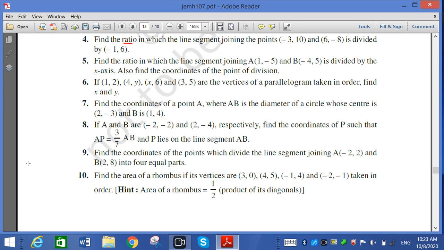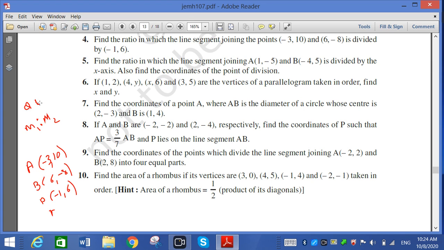Here I am writing A, that is minus 3 comma 10, B, that is 6 comma minus 8, and P, that is minus 1 comma 6. We have to find out the ratio m1:m2.